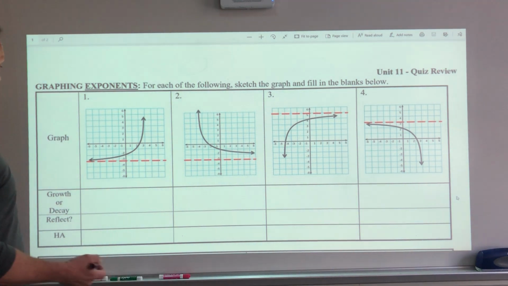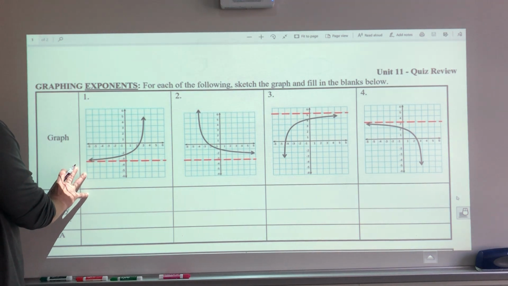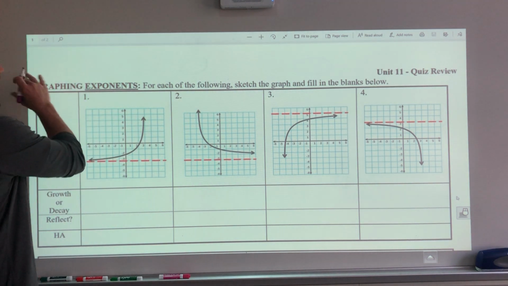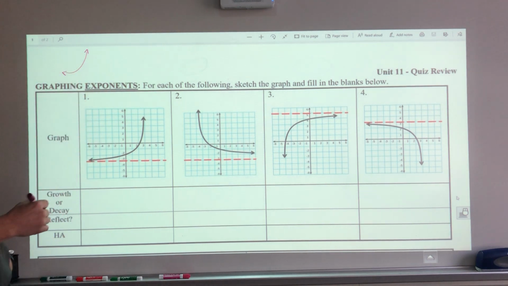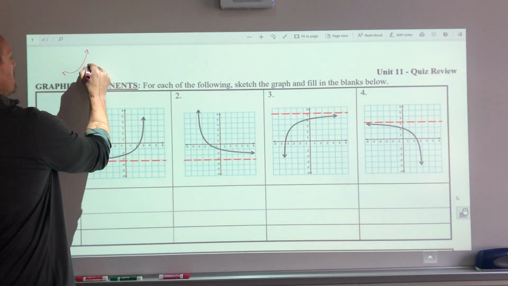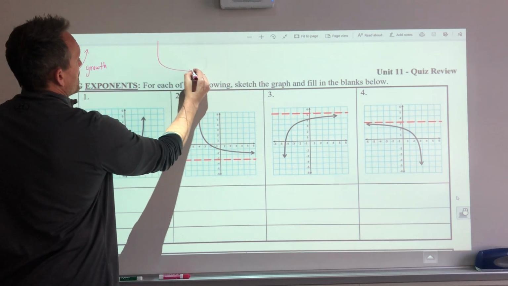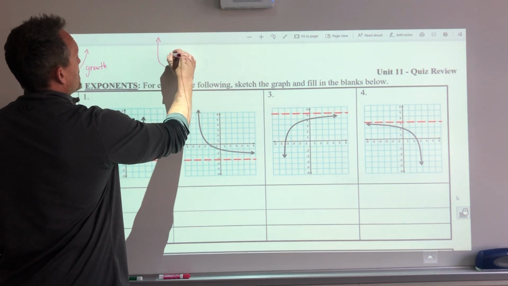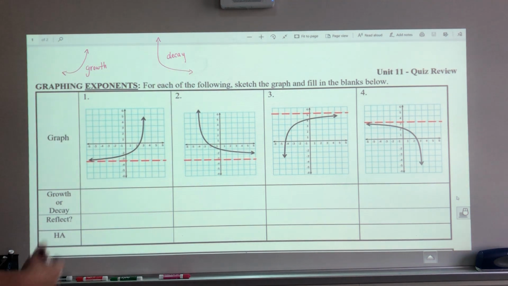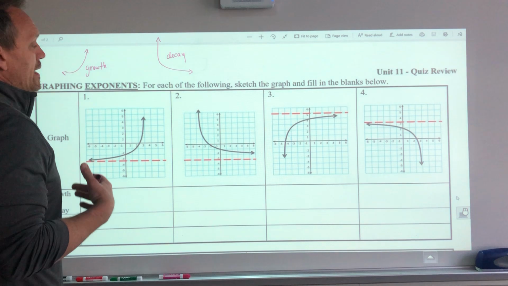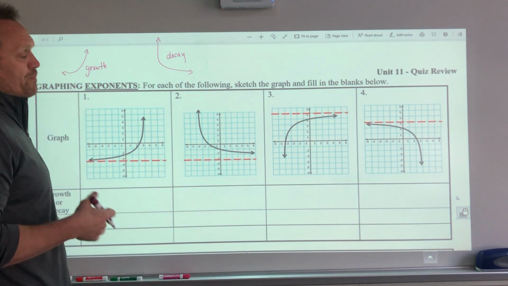Okay, so this is an exponential function, unlike the other one. An exponential function basically starts like this when we talk about growth, or like this when we talk about decay. And then we'll talk about reflections and things like that. That's the hard part sometimes, they look very similar.